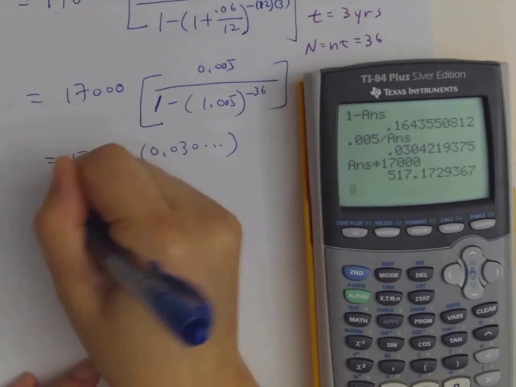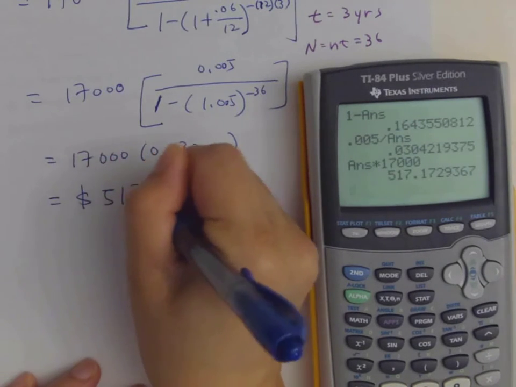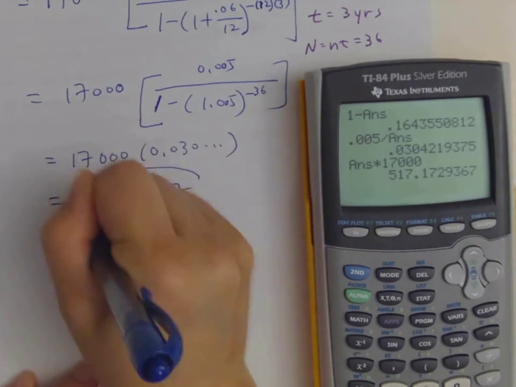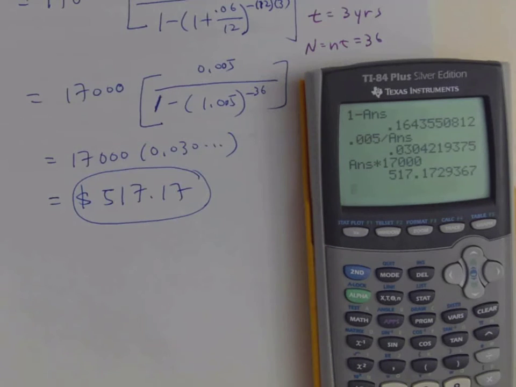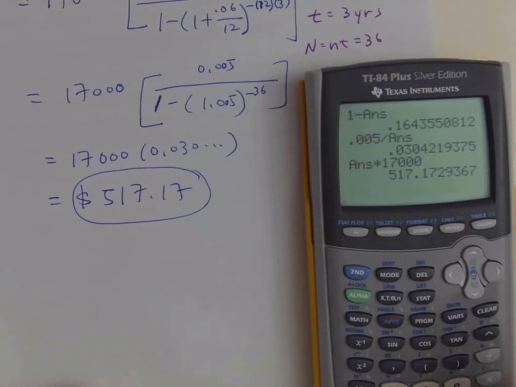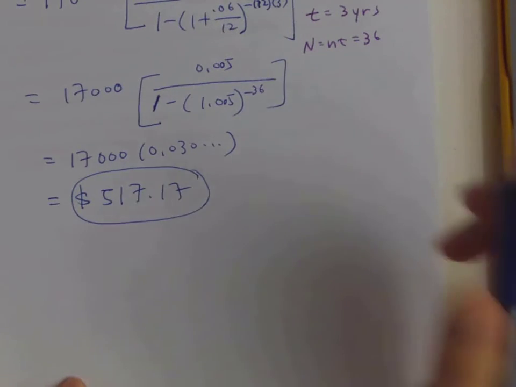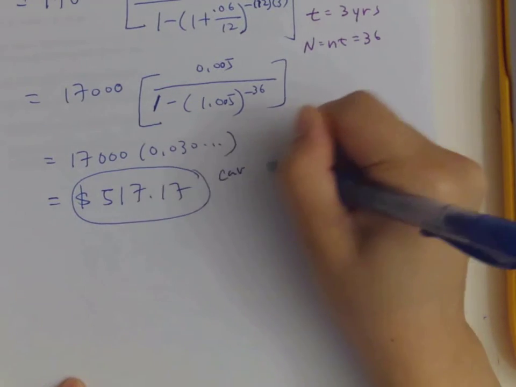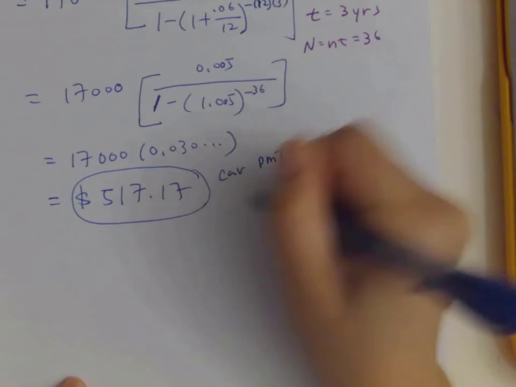Okay, so my car payment should be $517.17. That seems reasonable for a car payment. But be extremely careful with the decimal point, because sometimes I will lose a zero there and then my number is totally off. So that would be my car payment each month.